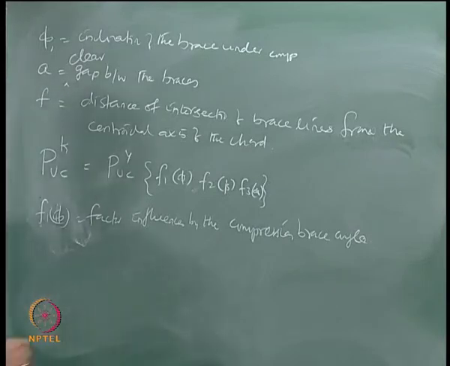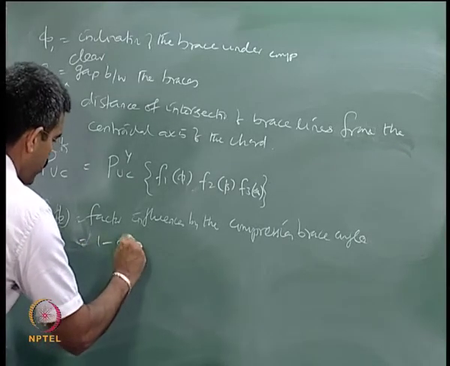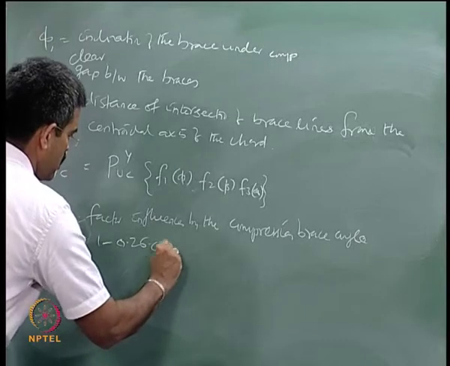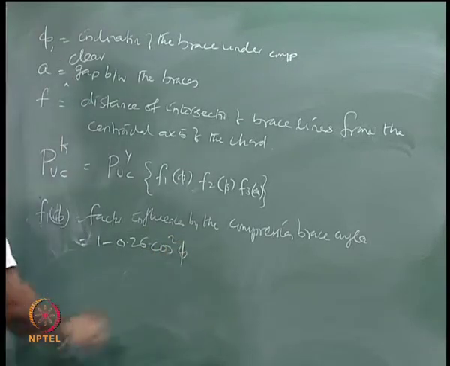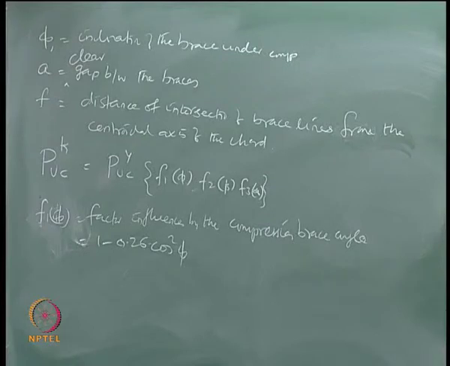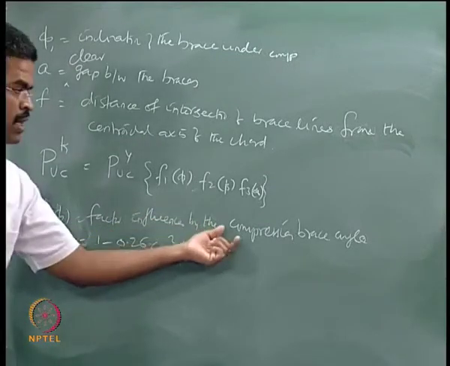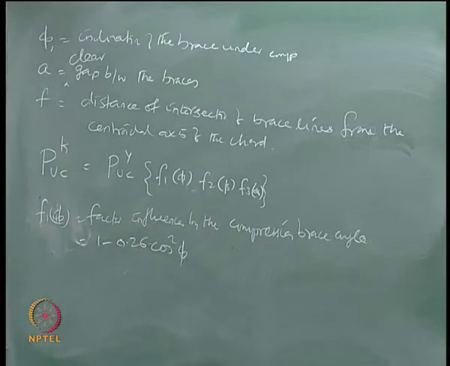Which is given by 1 minus 0.26 cos square phi. I am using phi here, I am neither using phi 1 nor phi 2. You can always say compression brace. Strictly speaking, in association to this figure, I must use phi 1 here. Okay, it is the angle of inclination of the compression brace. So I must use phi 1 there.